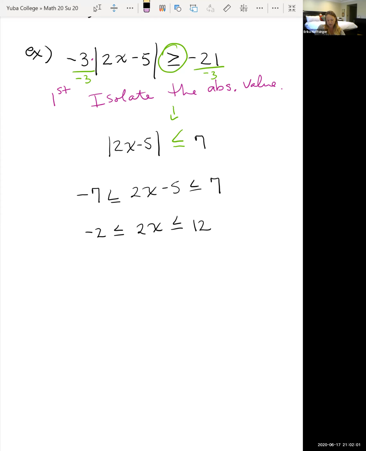To get rid of the 2 in front of the x, we're going to divide everything through by 2. So -2 divided by 2 is -1, is less than or equal to x, which is less than or equal to 12 divided by 2 is 6. So anything between -1 and +6, and including those, is our solution.